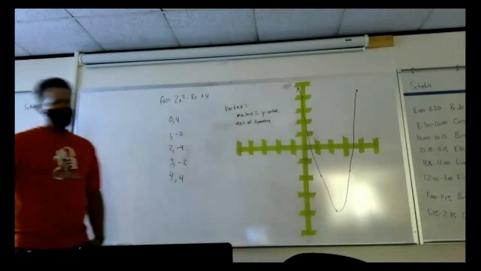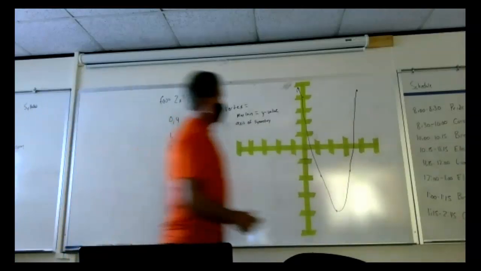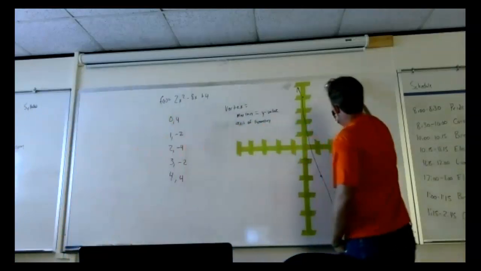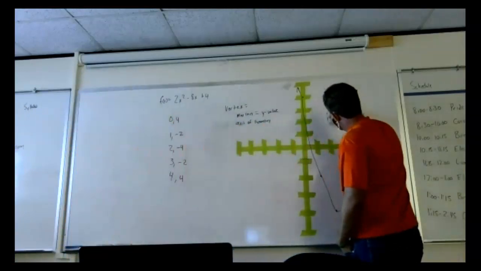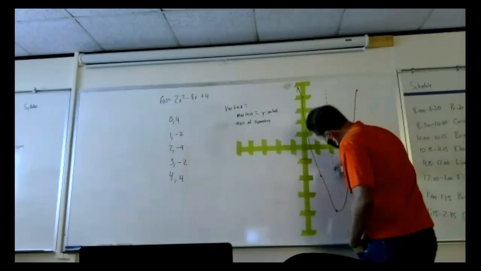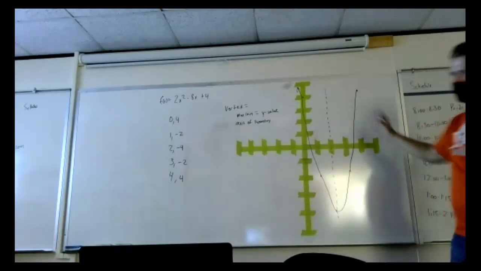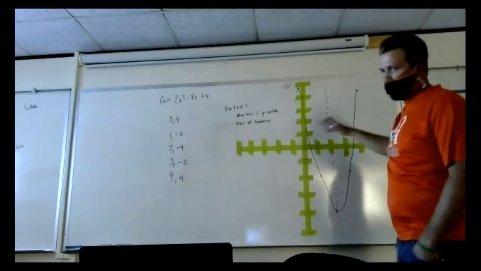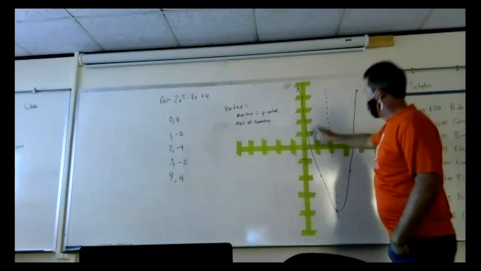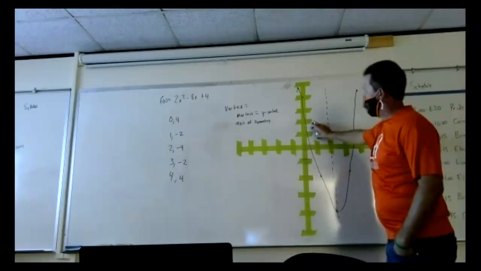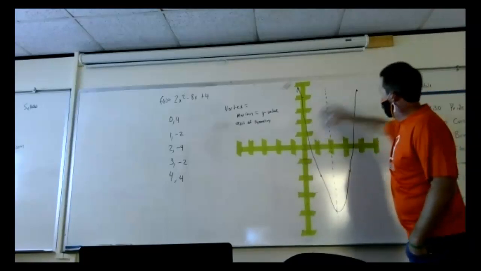And the reason is because through the vertex x value, if we were to draw a dotted line that goes all the way through it, we can see that we've effectively broken our graph in half. This left side of the dotted line mimics exactly this right side.